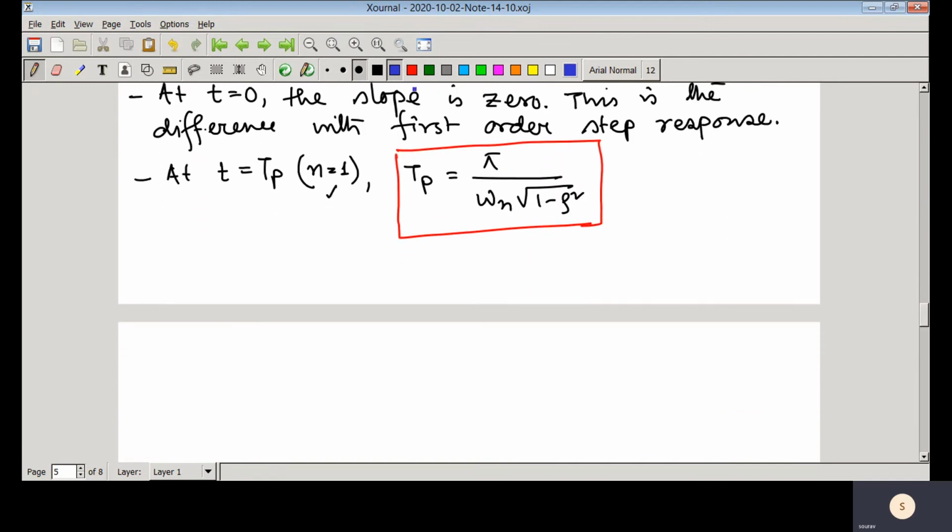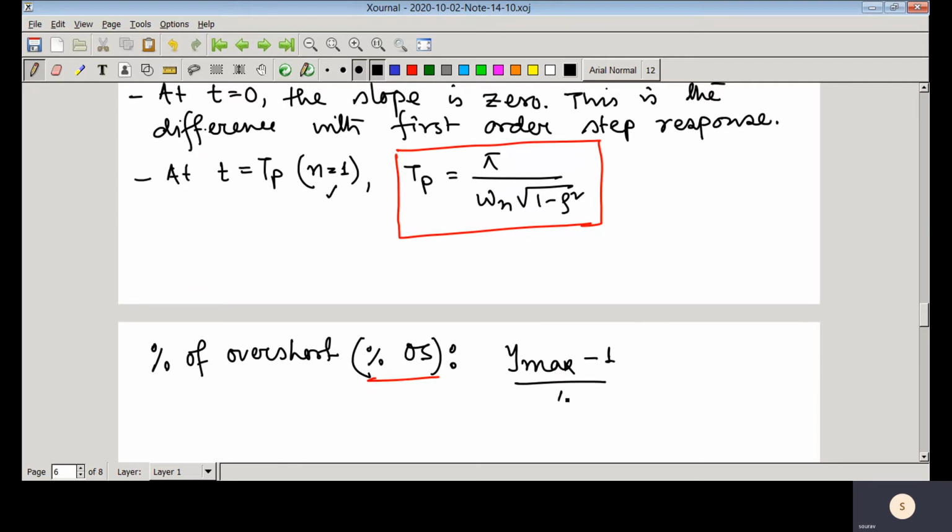This is quantified in terms of percentage of overshoot. It is defined as y max minus 1, that is the final value, divided by 1, into 100. So this is called the percentage of overshoot.